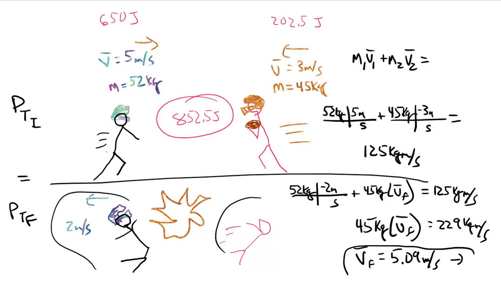After the collision, what do we have? Well, we have 0.5 times 52 times 2 squared. This person has 104. This person has a mass of 45 and a velocity of 5.09 squared.